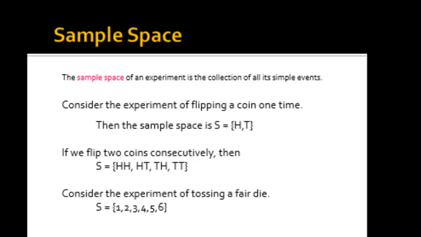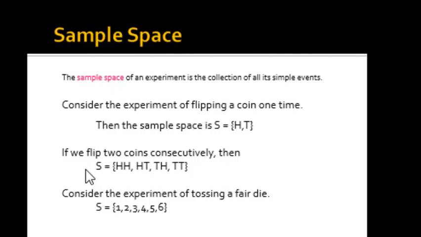Here is the notation that we will use to write out the collection of all possible simple events of an experiment. It's called a sample space. It will be denoted by the letter S. For the coin flipping experiment, our sample space is {H, T} with the curly brackets.